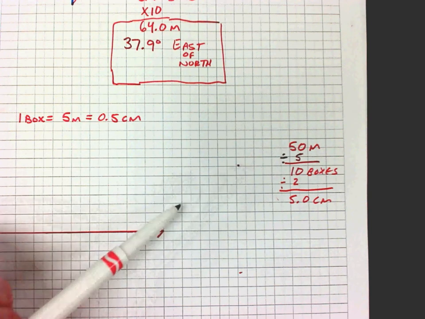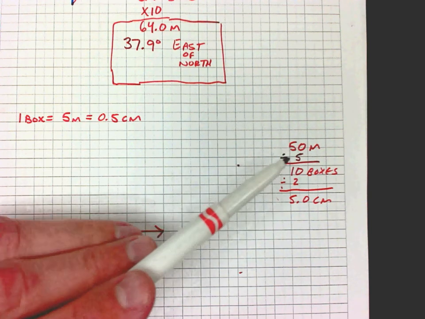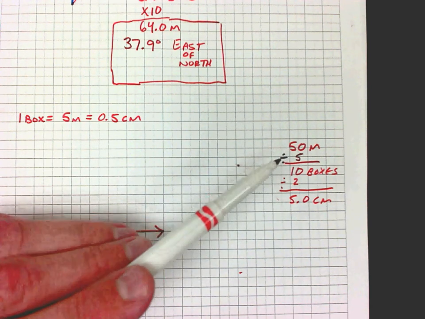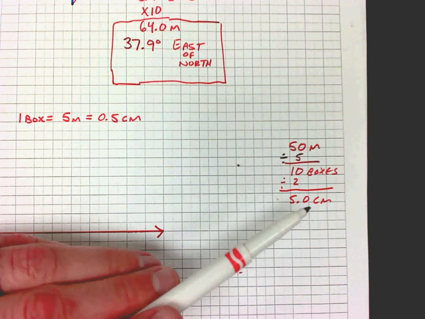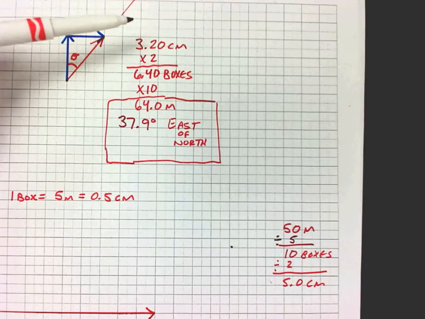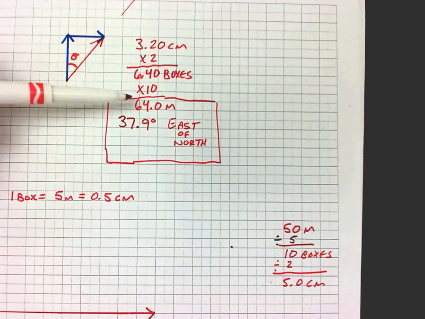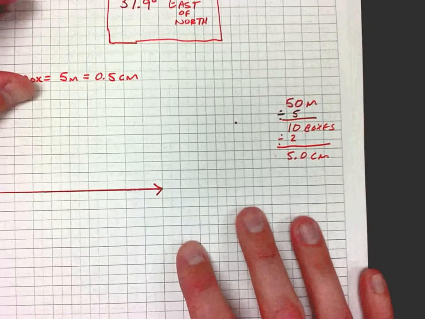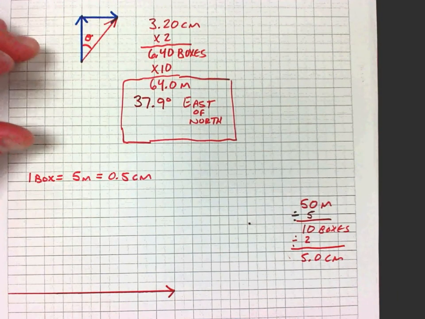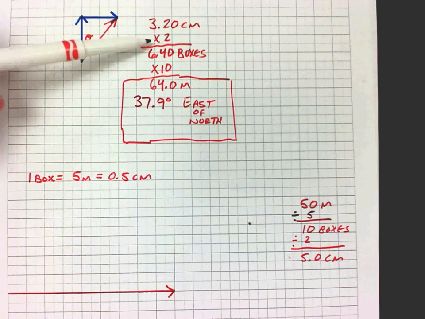So exact opposite of what we did up above. Divide by scale, and then divide by 2 to get it in whole centimeters, instead of up here, multiplying by 2 to get it into half centimeters, and then multiplying by the scale. All right. These steps will always be the same. I know that's probably the most confusing part, understanding why you multiply by 2.